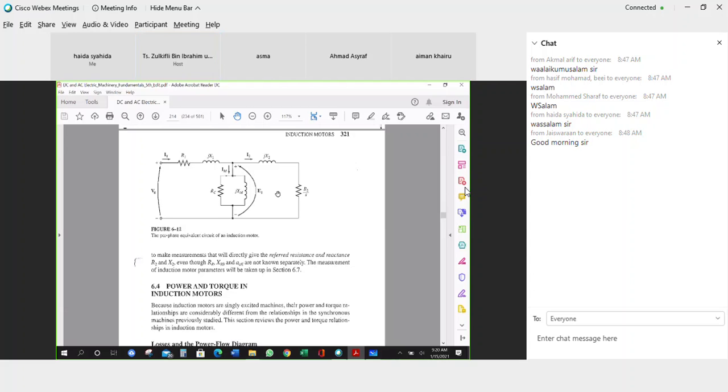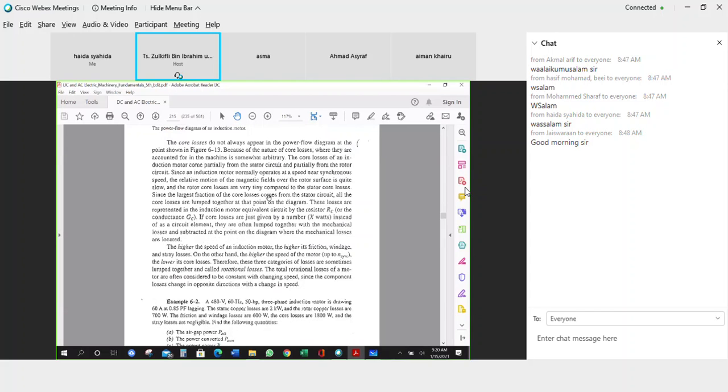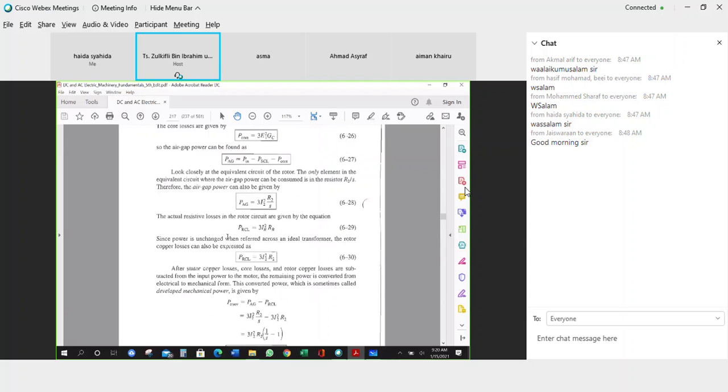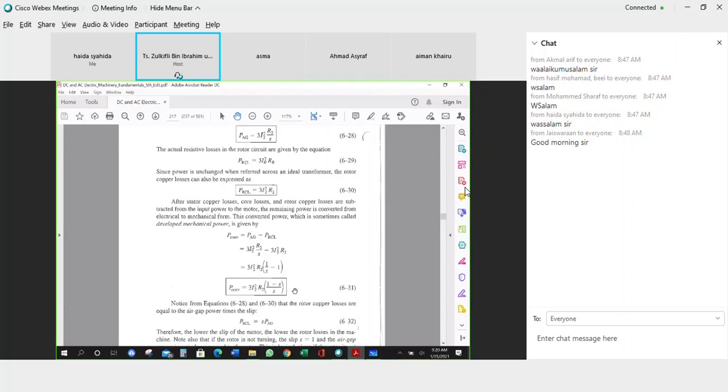So from that equivalent circuit, they derive the equations of the power and torque in the induction motor. Finally, the converted power can become like this, to include the stator, the slip, and also the R2 in the rotor part.